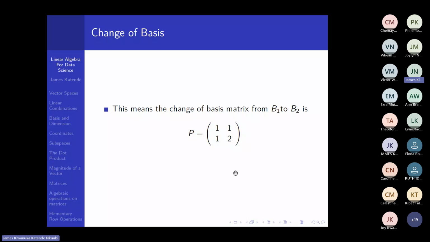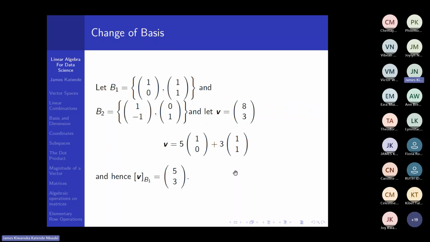So let's illustrate now literally what the change of basis matrix does. Remember, we already have the coordinates of the vector (8, 3) with respect to the first basis. So the aim here is to compute the coordinates of the same vector, but now with respect to the second basis B2.